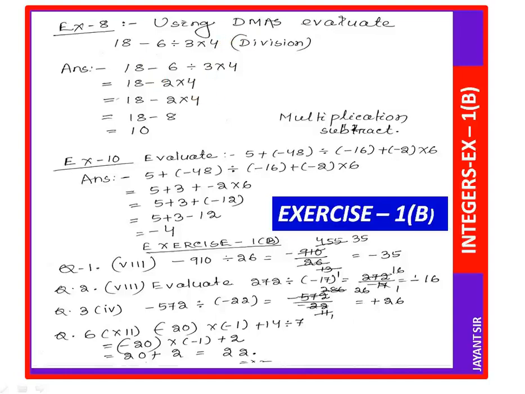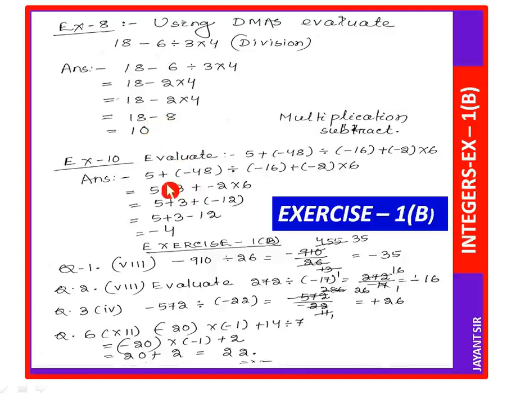So DMAS: first division, then multiplication, then addition, then subtraction. Division: 6 divided by 3 equals 2. Write as it is: 18 minus 2 into 4. Now multiplication. First division, then multiplication. 2 fours are 8. Then 18 minus 8 equals 10.